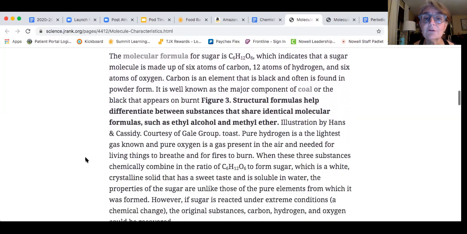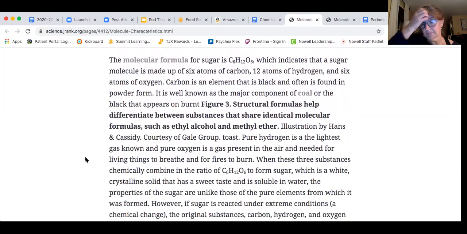The molecular formula for sugar is C6H12O6. We know now from our study of chemistry that C is carbon, H is hydrogen, O is oxygen. So these three elements are combining to make sugar or glucose. So it's 6 atoms of carbon, 12 atoms of hydrogen, and 6 atoms of oxygen.